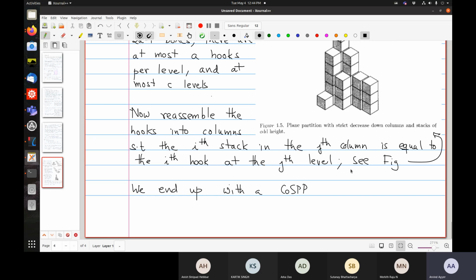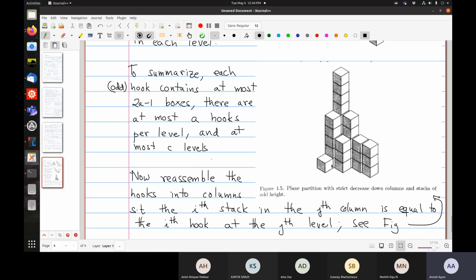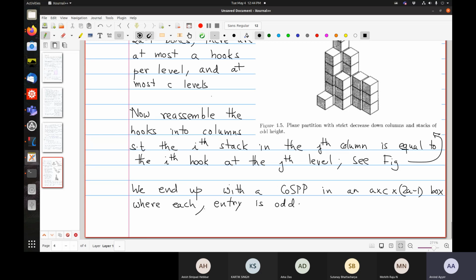So we end up with a co-SPP in an A by C by 2A minus 1 box, where each entry is odd. Each of these heights is odd, each non-zero height is.